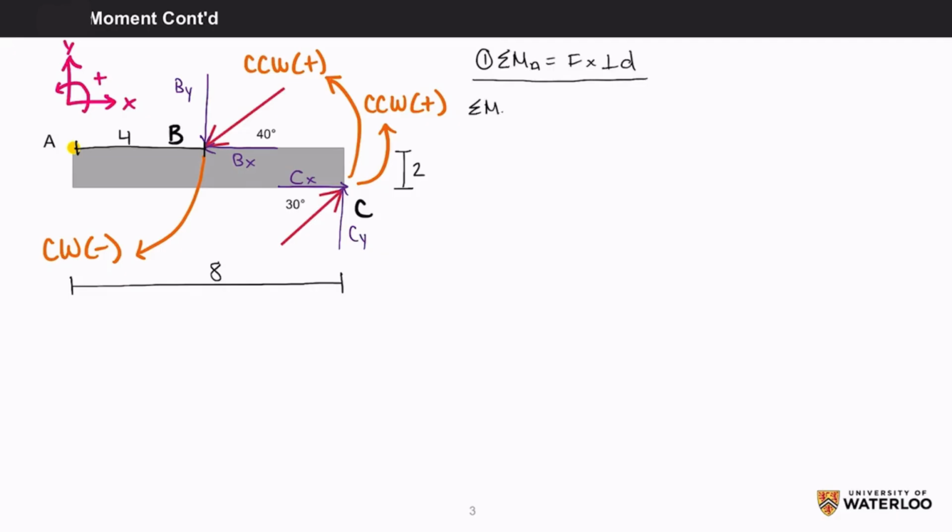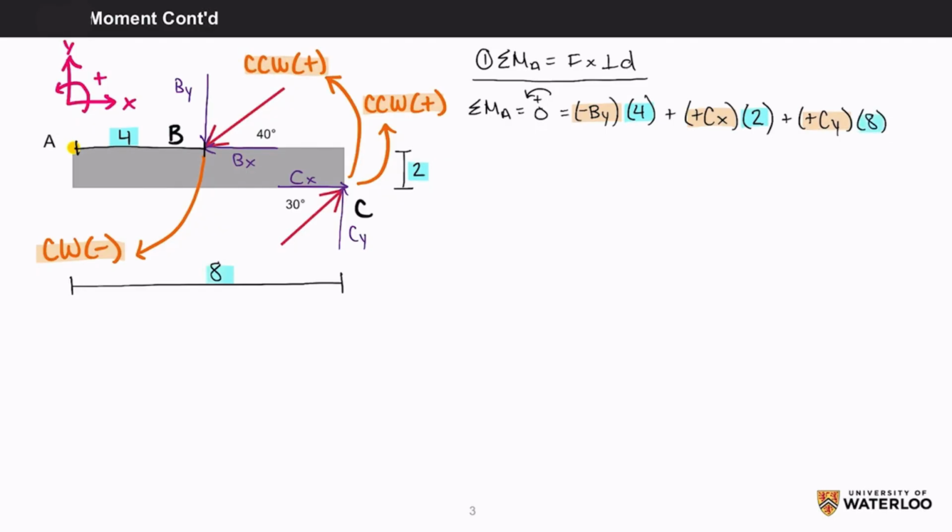The moment about A is equal to 0 in equilibrium, which is equal to negative By, as it's in the clockwise direction, times the perpendicular distance, which is 4, plus positive Cx, as it's in the counterclockwise direction, times the perpendicular distance, which is 2, plus positive Cy, as it's in the counterclockwise direction, times the perpendicular distance, which is 8.